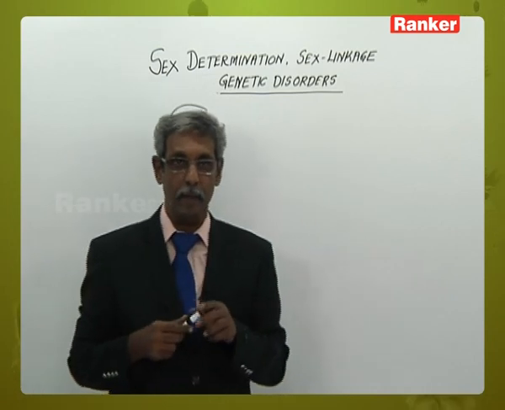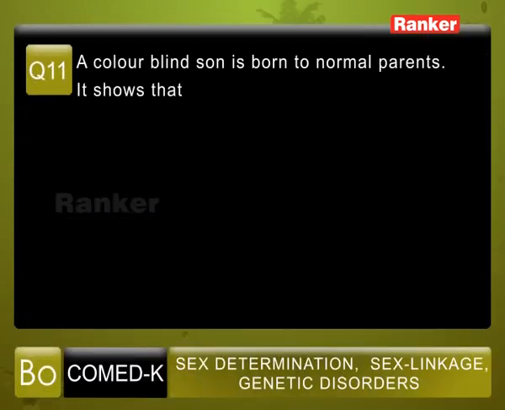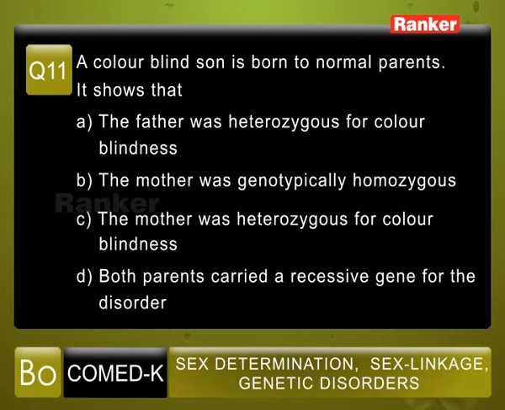Question number 11 requires a little bit of introspection. A color blind son is born to normal parents. When you have normal parents and to them you have a color blind son, the choices are A, the father was heterozygous for color blindness, B, the mother was genotypically homozygous, C, the mother was heterozygous for color blindness, D, both parents carry a recessive gene for the disorder.